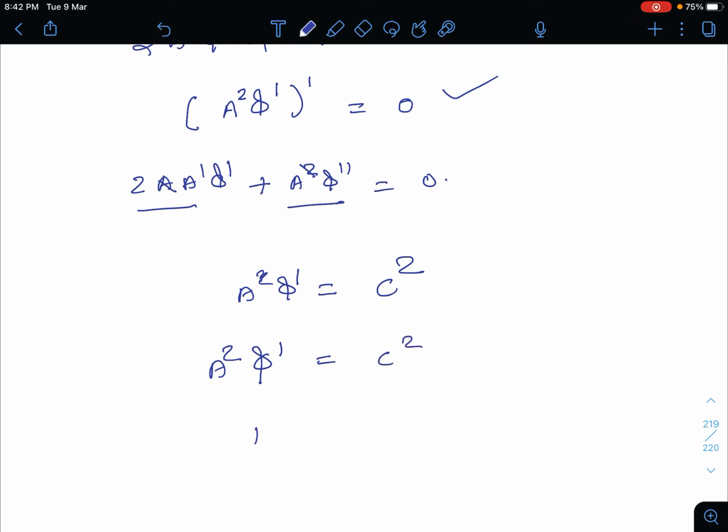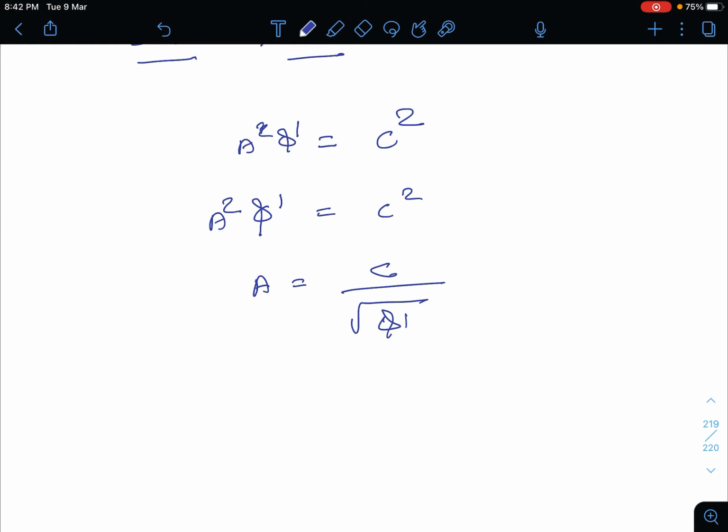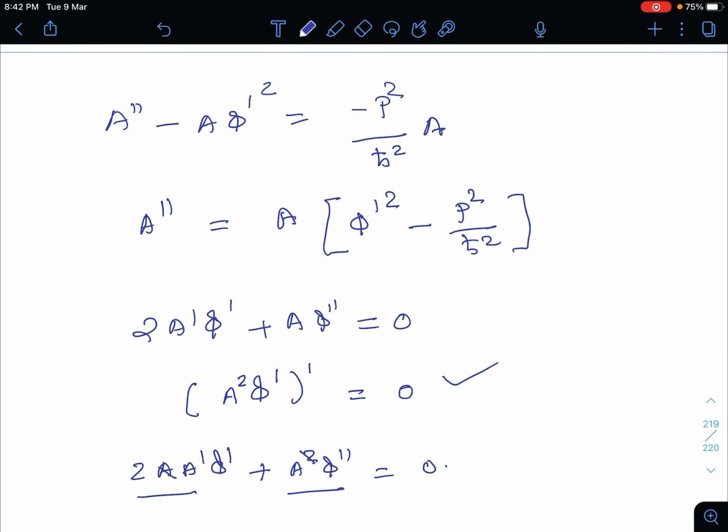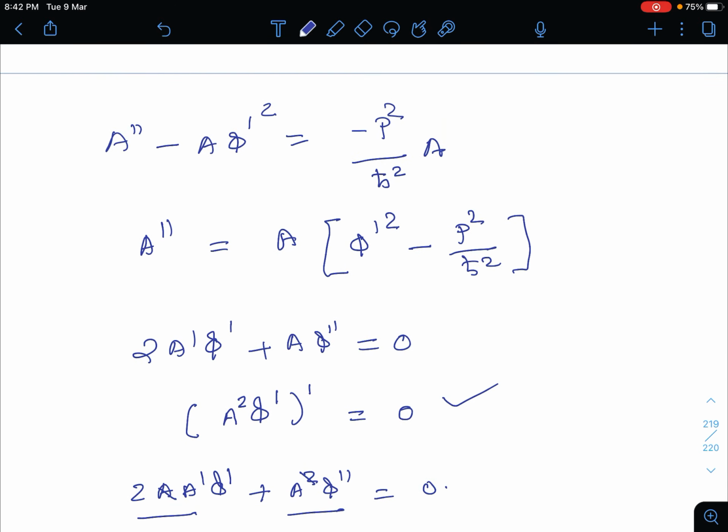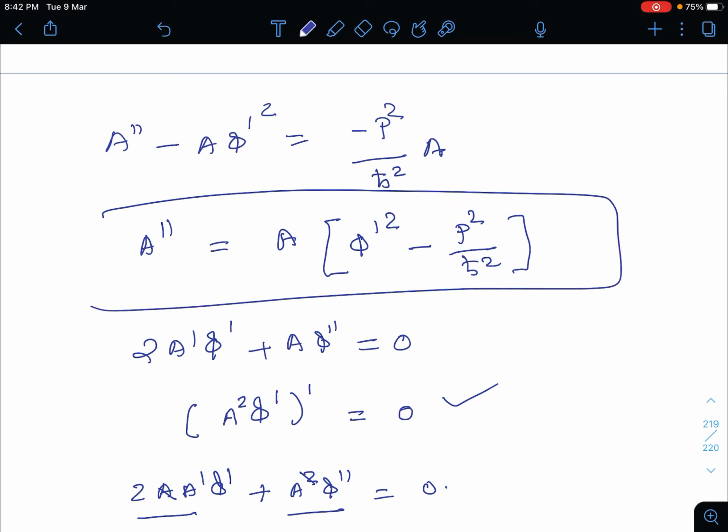Let's say a is equal to c divided by root of phi dash. Right, good. So some constant c. So we got one equation. Let's say this is number 3. So we got a. Let's check the first equation.